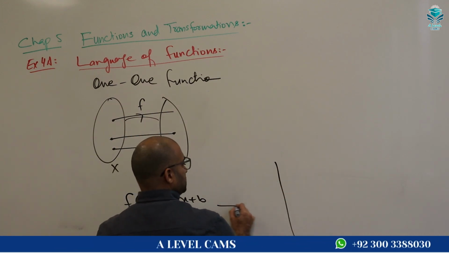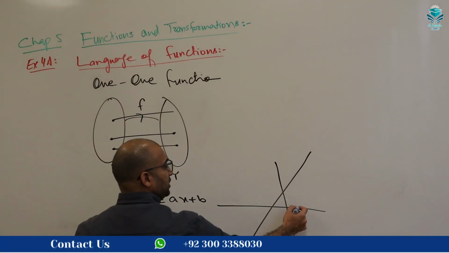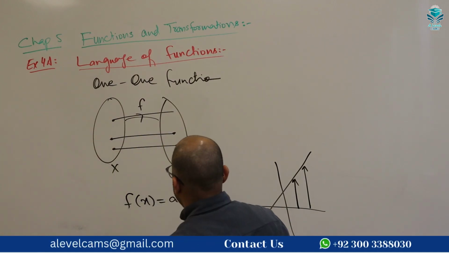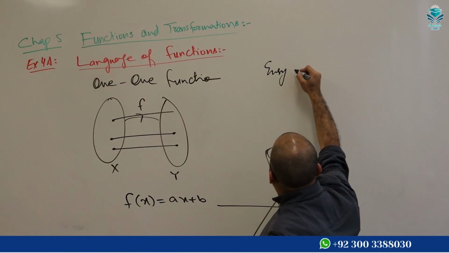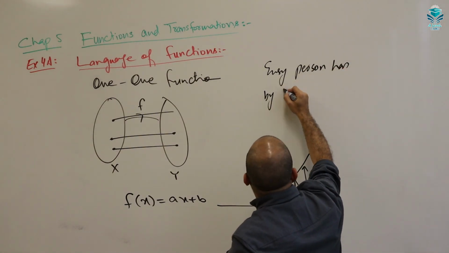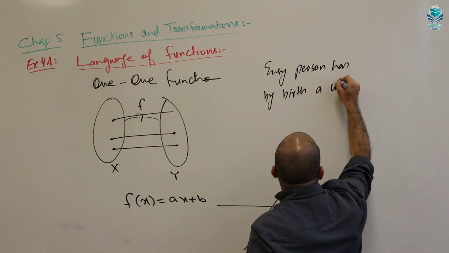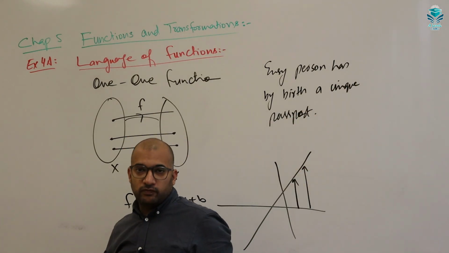For a graphical illustration, you can consider a straight line. Then for each x you have a unique y. And its real life application can be seen: every person has by birth a unique passport. So this is an example of a one-one function.